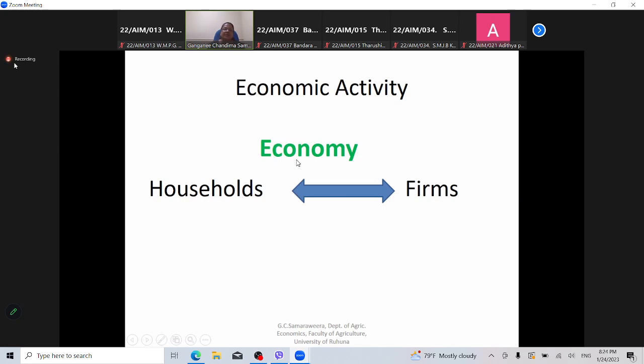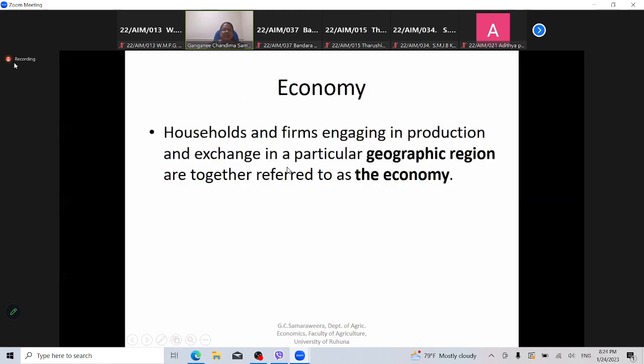So we can explain the economy as households and firms engaging in production and exchange in a particular geographic region referred to as the economy.